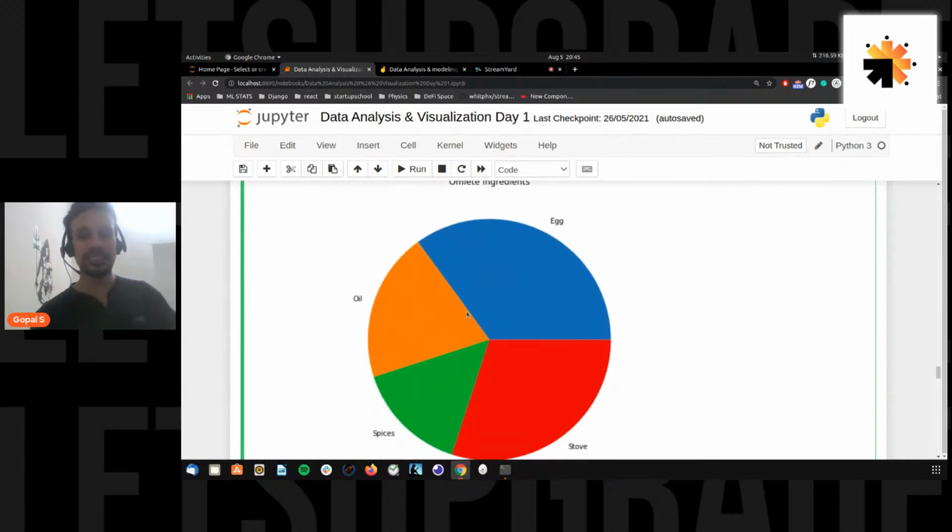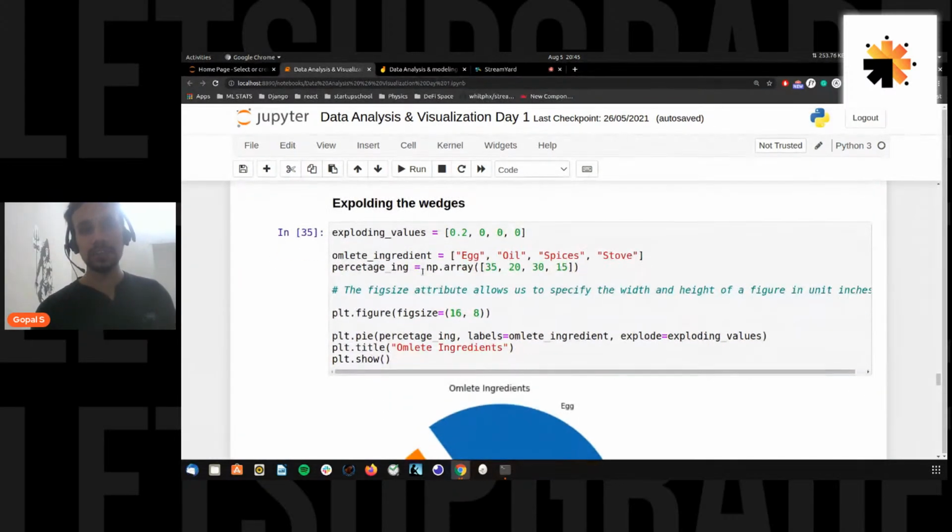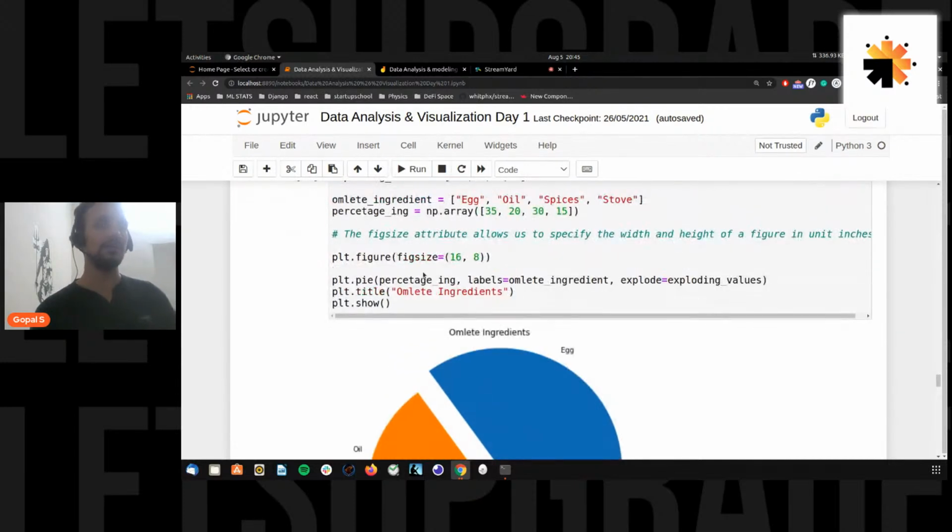These are your segments that play a huge role in making an omelette: egg, oil, spices, and stove. What about exploding the wedges? What do I mean by wedges? You must have had cakes in your lives.